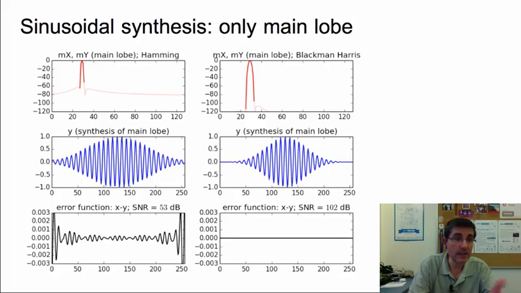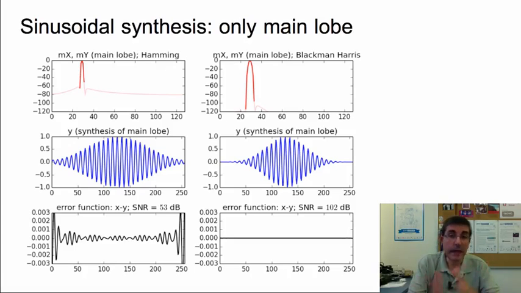So in the Hamming window, the signal to noise ratio is 63 dB, and in the case of the Blackman-Harris, it's very good, it's 102 decibels. So basically the distortion or the noise is insignificant for audio applications.